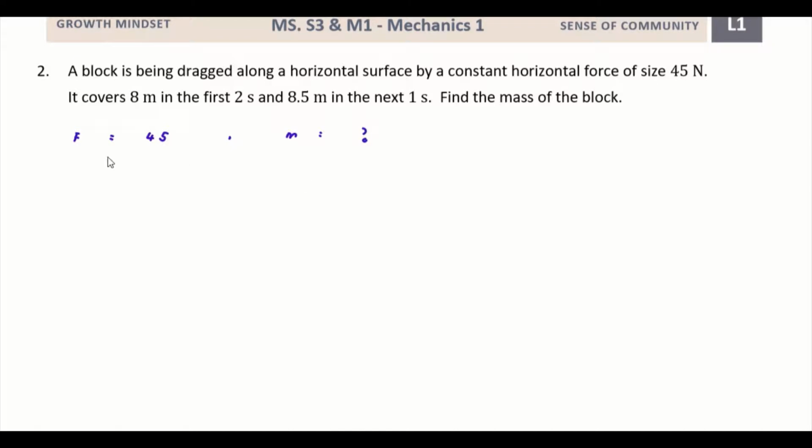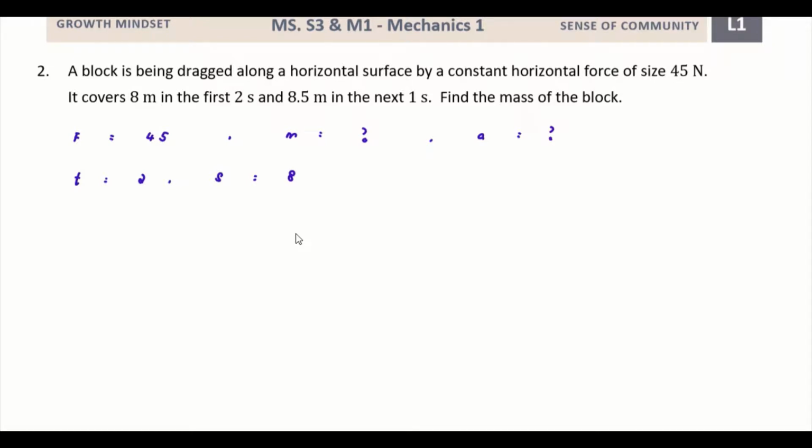So by looking at this, we have F and M. If we need to find the mass, we need to get our acceleration first. We can get this from the two pieces of information given here. The block covers 8 meter in the first 2 seconds, so when t equals 2, s equals 8.